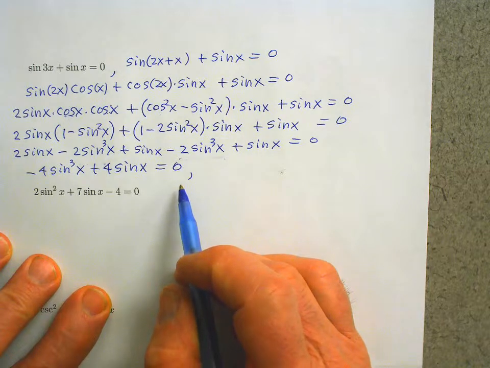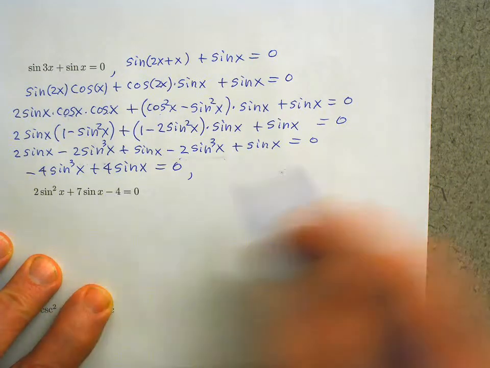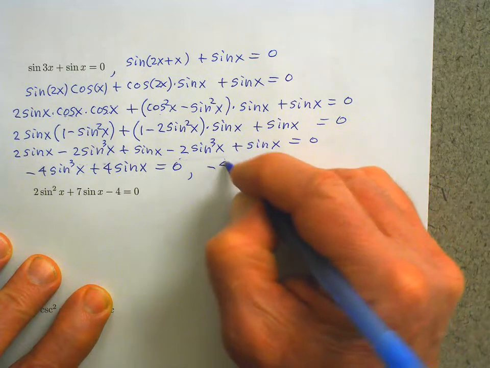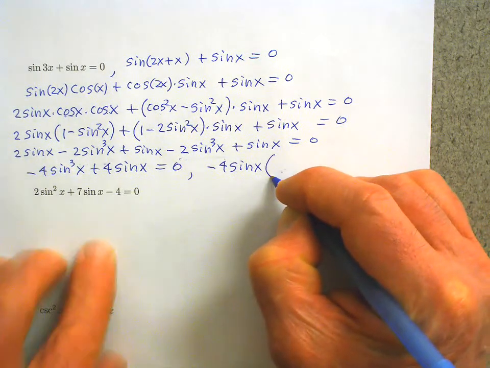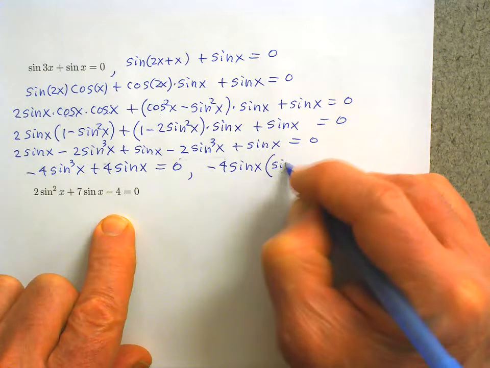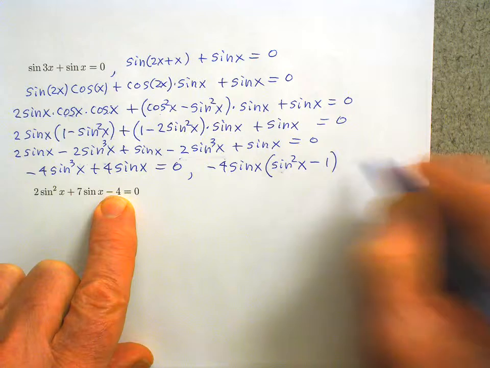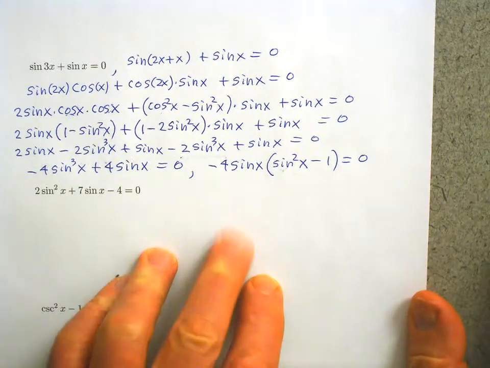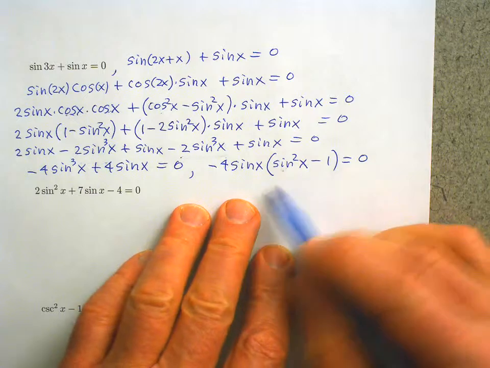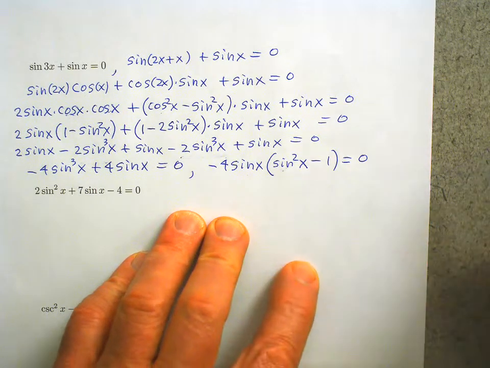And then I'm going to factor out negative 4 sine of x. So we'll be left with sine of x squared minus 1 equals 0. So this isn't going to turn out to be too bad. One of the factors, negative 4 times sine of x equals 0.